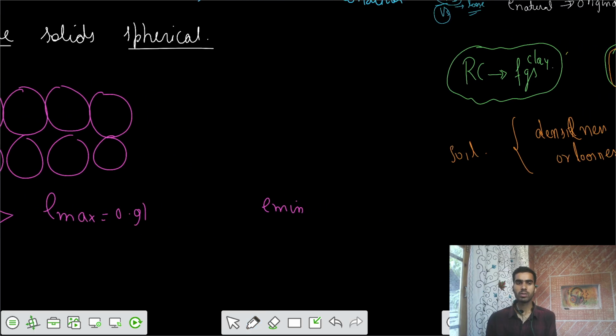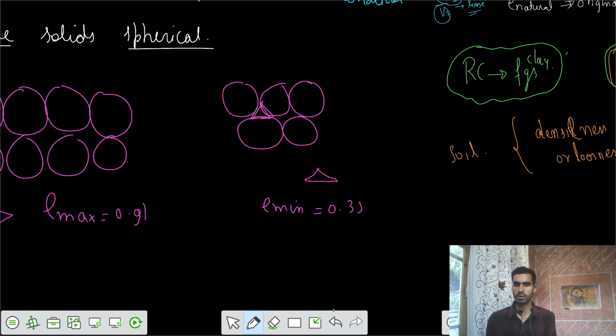And if you want E minimum, I have to place those spherical solids in such a way that the voids are less. I have to ensure that voids are less. You can see that the void has become some sort of triangular or pyramidal shape. So your E minimum is equal to 0.35.